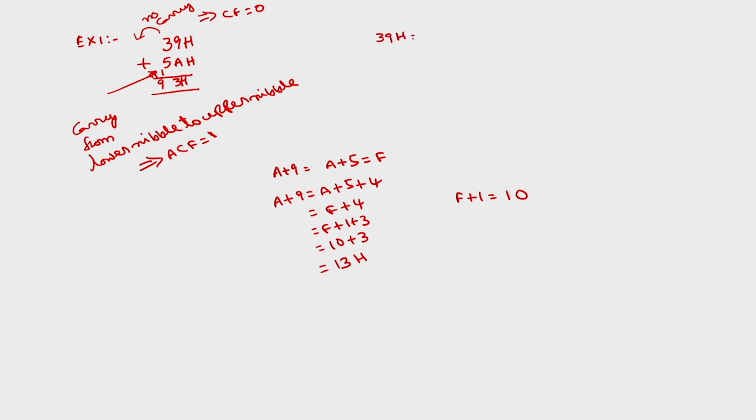39H will be 0 0 1 1 1 0 0 1, and 5A will be 0 1 0 1 1 0 1 0.